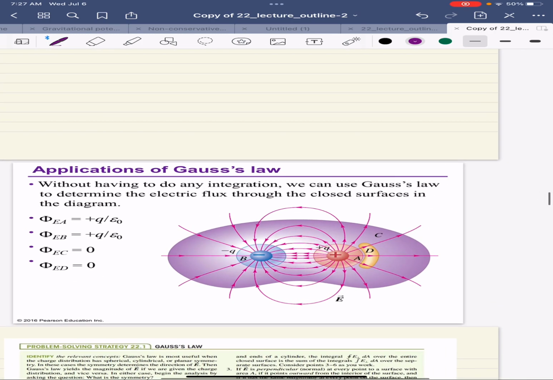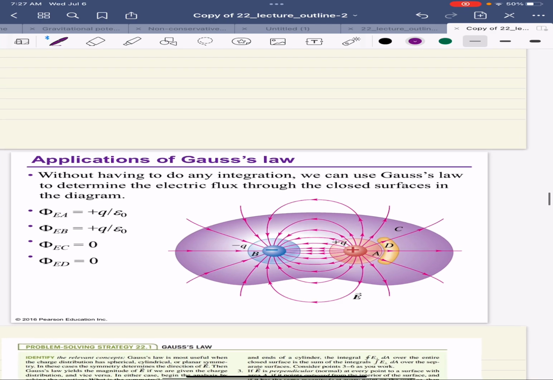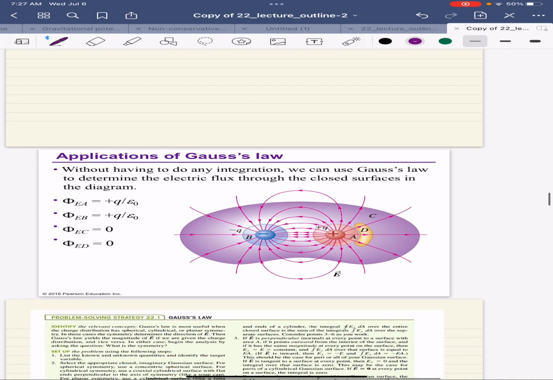Here are applications of Gauss's law. Without having to do any integration, we can use Gauss's law to determine the electric flux through the closed surfaces in the diagram. It's going to give us another way of doing things, maybe easier.